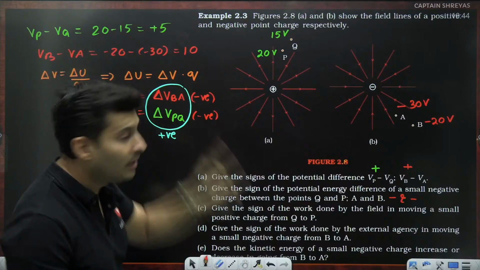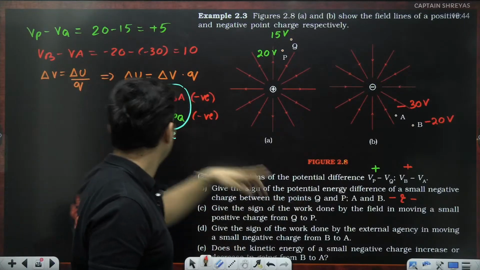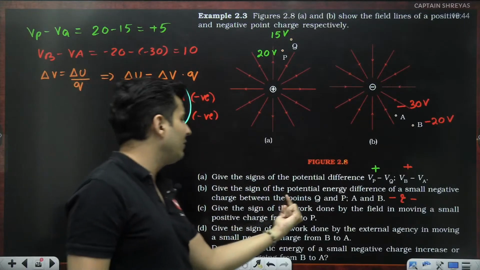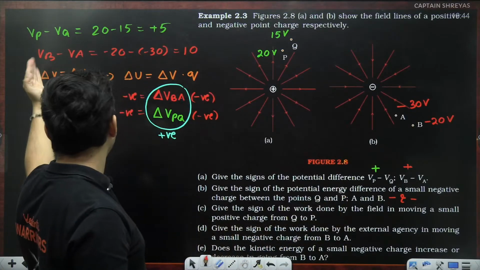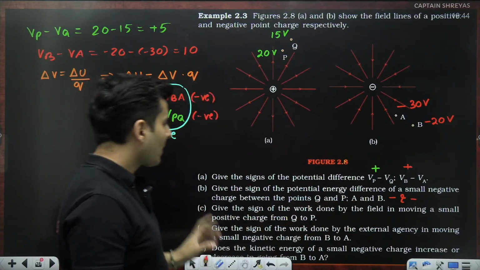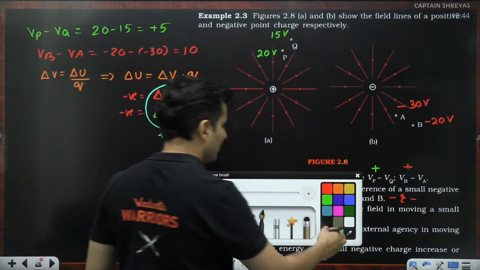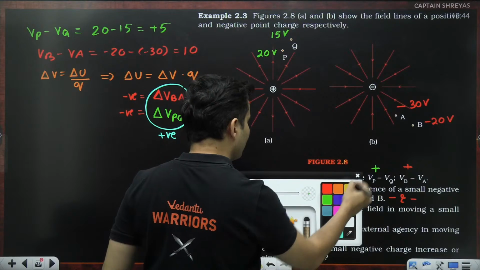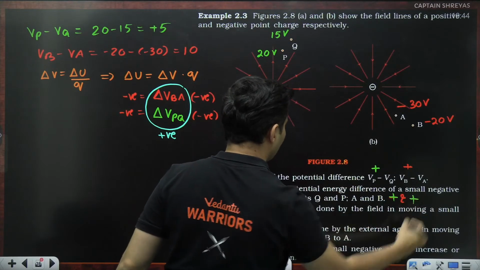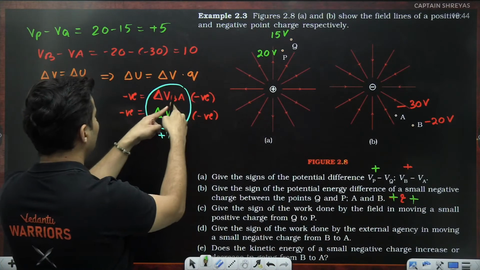But here, what they have asked is not between P and Q, they have asked between Q and P. And instead of B and A, they have asked between A and B. So if you reverse this, the answer will also get reversed. Remember this is BA.